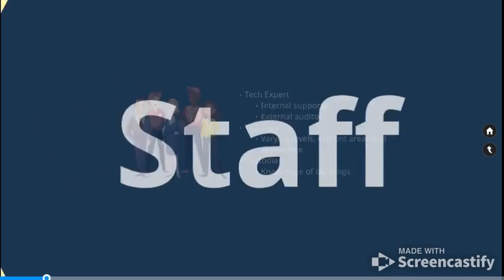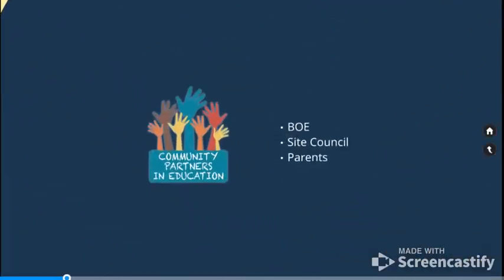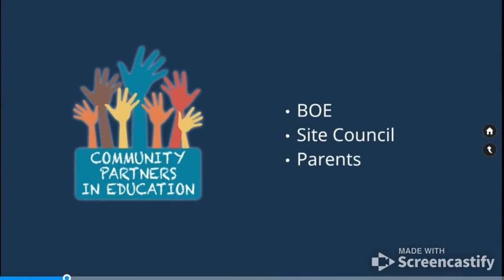And then when we look into the community, I know it can be scary to invite non-educators to the table, but it's important to keep those stakeholders involved because they are working with the school to partner in making sure that students and our educators are able to grow effectively.